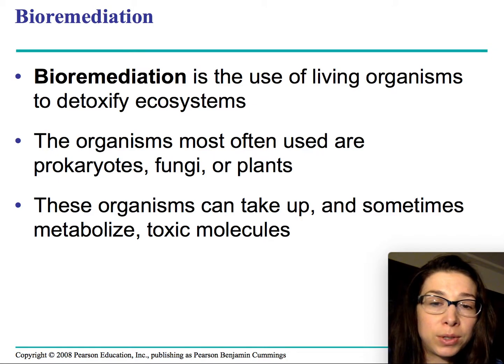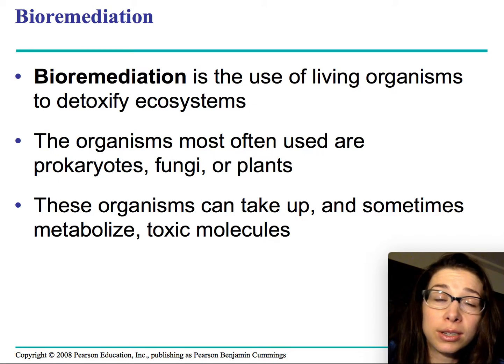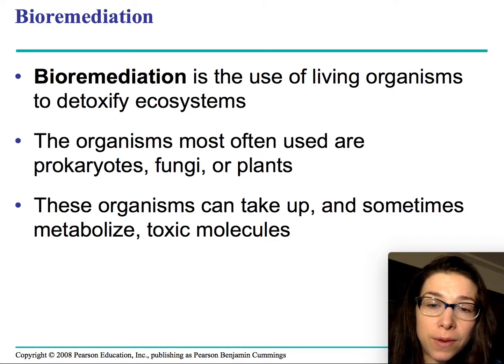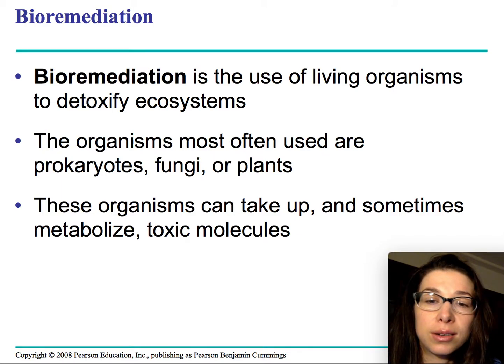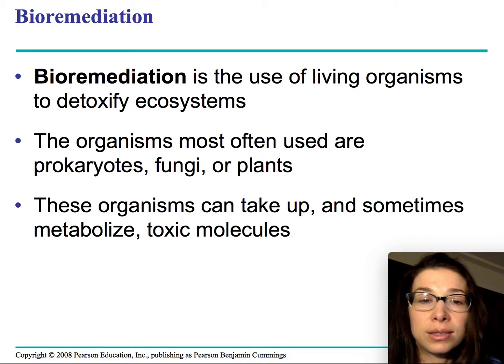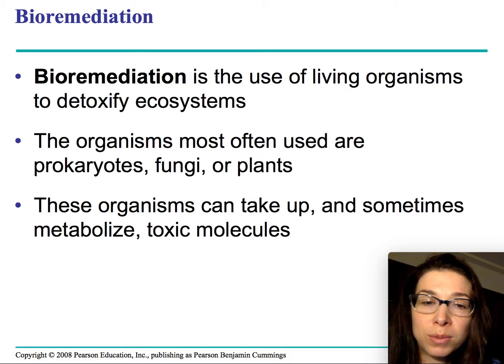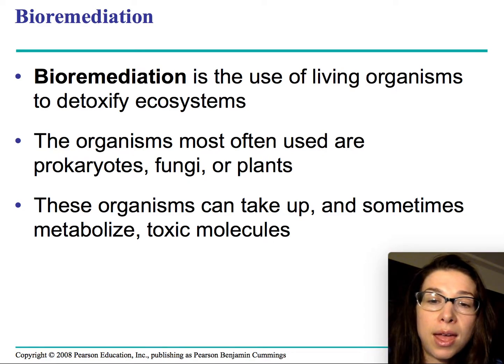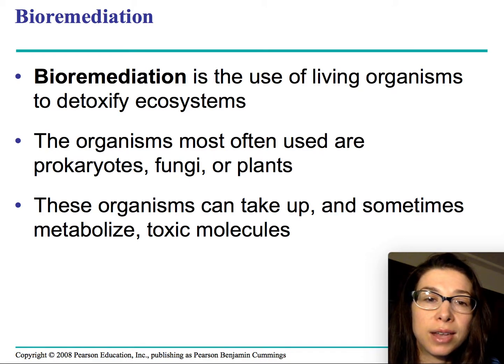So one thing people do is they use bioremediation to detoxify the ecosystem, and this is the use of bacteria or plants or fungi or other organisms that can take up and sometimes metabolize the toxic molecules. Not always, sometimes they just take them up and then we can harvest the plants or the bacteria, we can filter the bacteria and filter that toxin out.